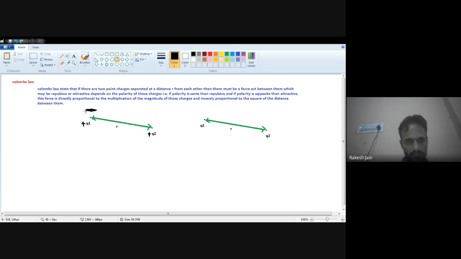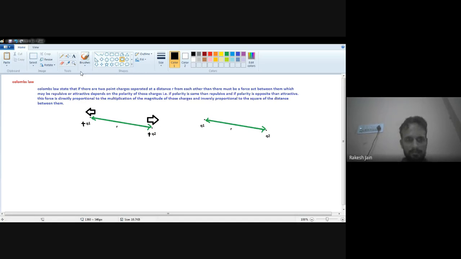Both force directions are opposite to each other, because this is the direction of the repulsive force.